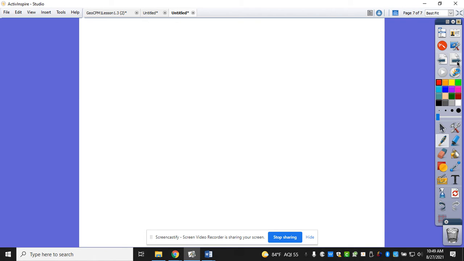Alright, so our first one says between z equals 0 and z equals 0.56. So I've got this little blank graph. I'm going to draw a line at 0, and I'm going to draw a line at 0.56.